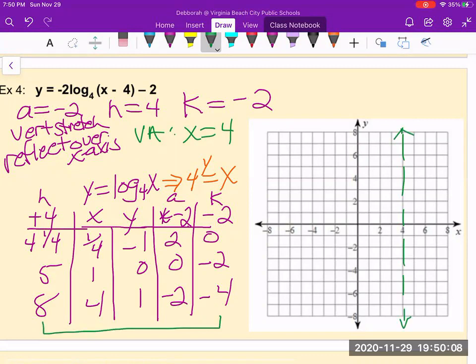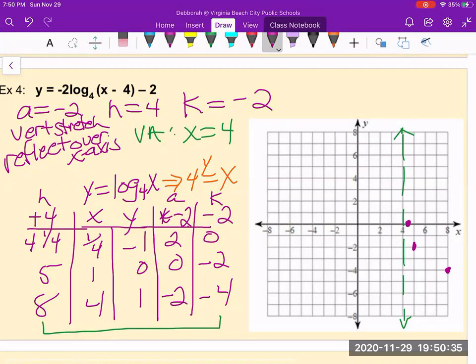So we have a point at 4 1/4, 0. Let's get that other color. We have a point at 5, -2. And we have a point at 8, -4. And now we can draw that graph.